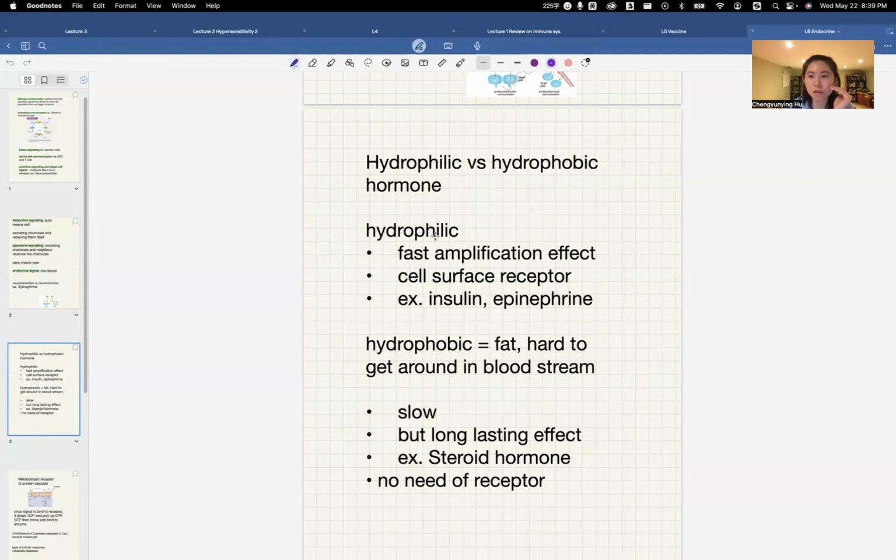The water cannot enter the phospholipid directly, so it's stopped by the membrane. However, there's a receptor on the membrane, and once the hydrophilic hormone binds to the receptor on the membrane, it signals something inside and causes a cascade. So that's why it's an amplified effect. Examples can be insulin and epinephrine.